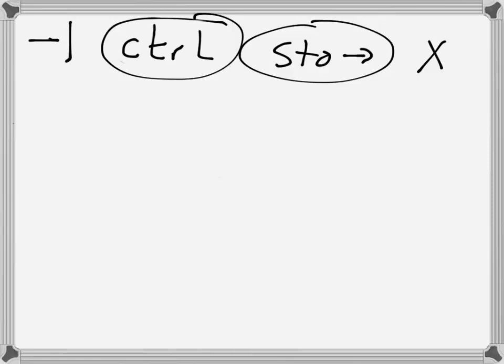What your screen will look like if you do this is -1, arrow, X. And then if you press enter, it will say -1. So what this has done is told your calculator what X equals. This is the value X is.